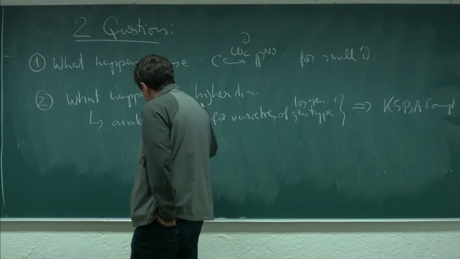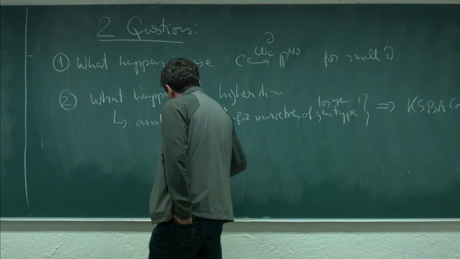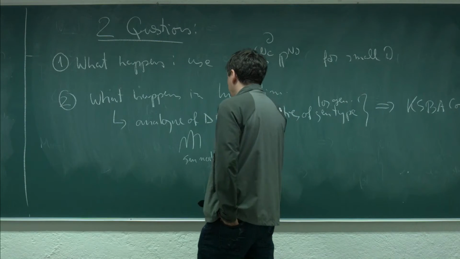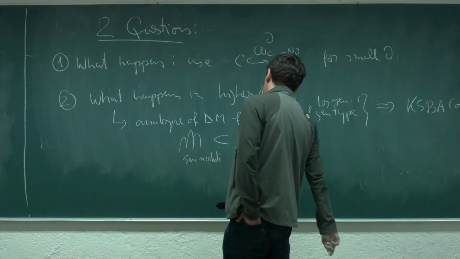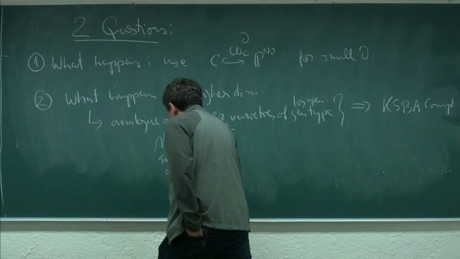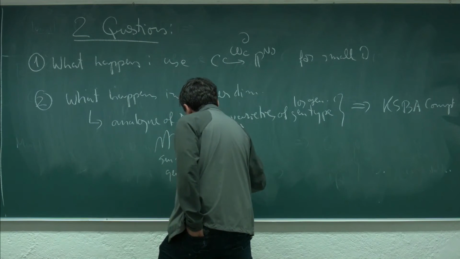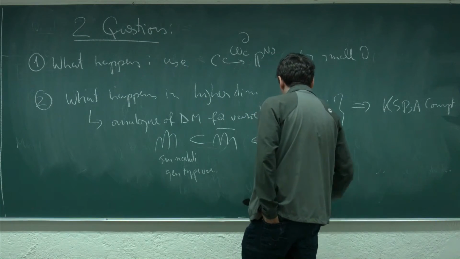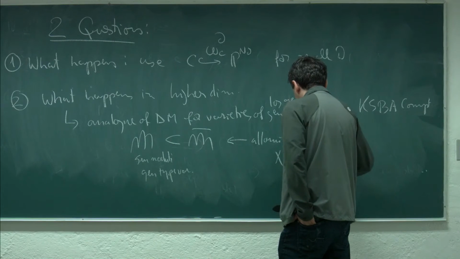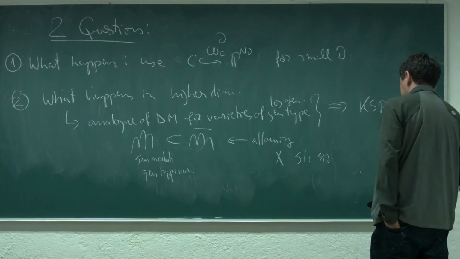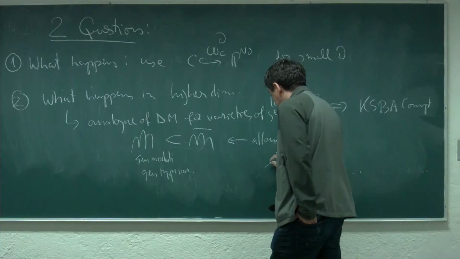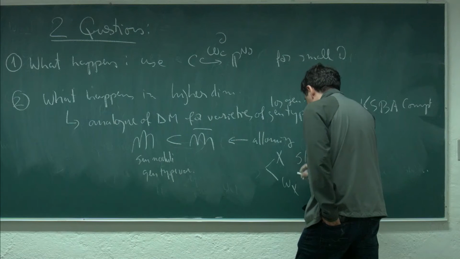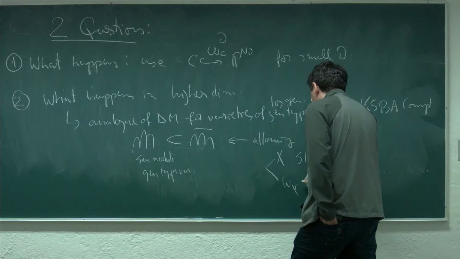If I start with the smooth moduli, meaning the moduli of smooth objects, I can always compactify it for general type varieties by allowing X having semi-log canonical singularities. I think you'll hear about this next week quite a bit. And the second condition is that some sort of dualizing sheaf, some sort of canonical sheaf, you have to make sense of this first, is ample.